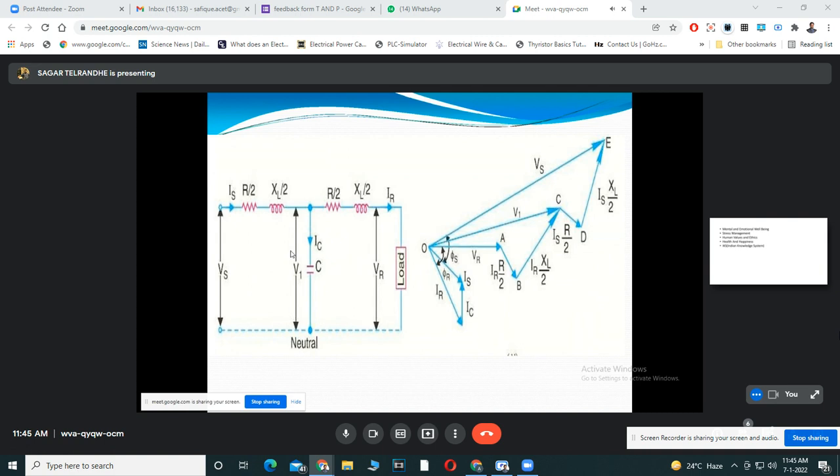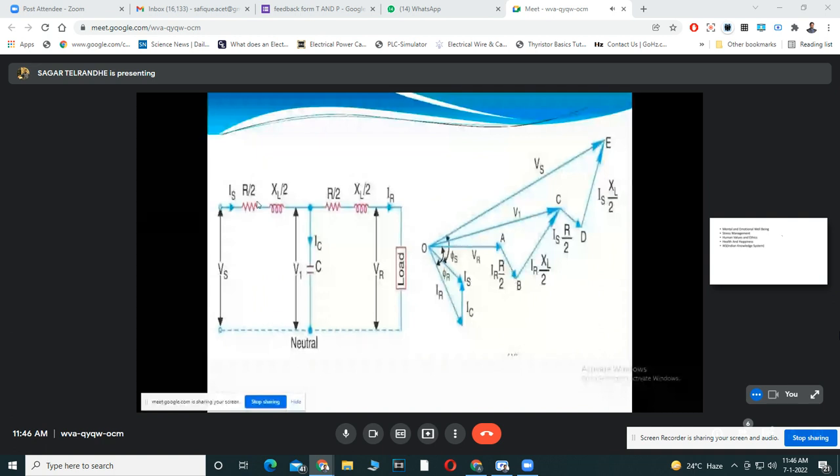Thus, the voltage drop that is caused due to the half transmission line is given by IR into R by 2. Thus, we draw AB parallel to OA, and this provides us with the resistive voltage drop.